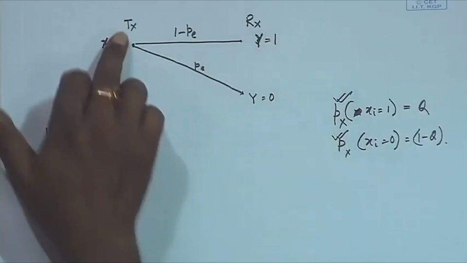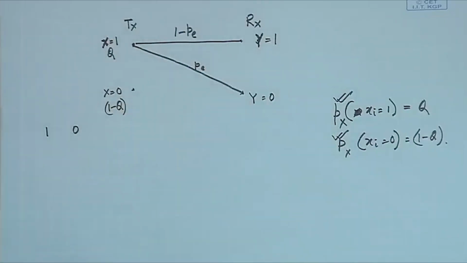So, there are two possibilities and we have already said that the sum of probabilities must be 1. So, if the error probability that 1 gets flipped to 0 is Pe, somehow I will have to calculate that, you will see in your digital communication how to calculate that. So, if this is Pe, the other must be 1 minus Pe.